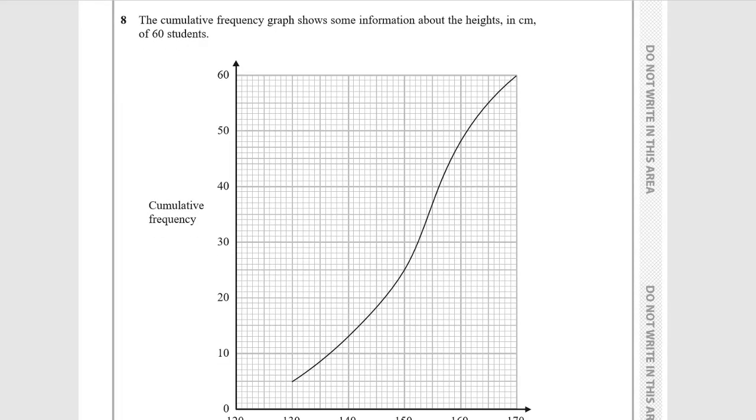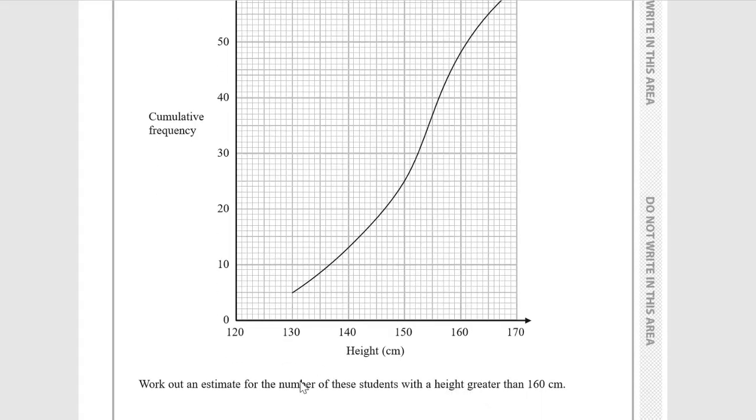Question 8. It says the cumulative frequency graph shows information about the heights in centimeters of 60 students. And it says work out an estimate for the number of these students with a height greater than 160 centimeters.